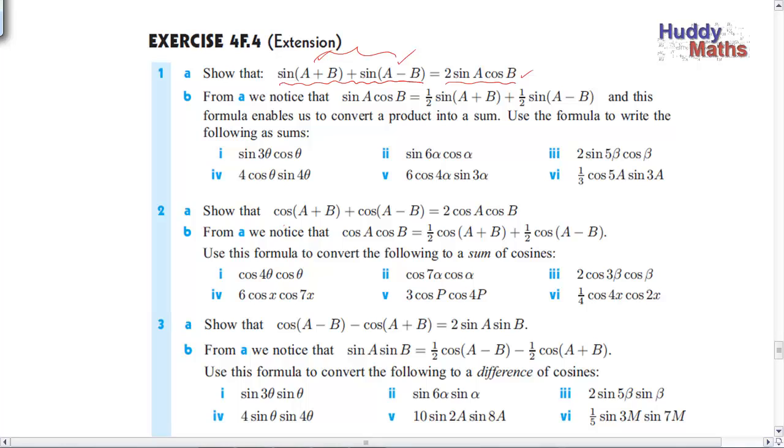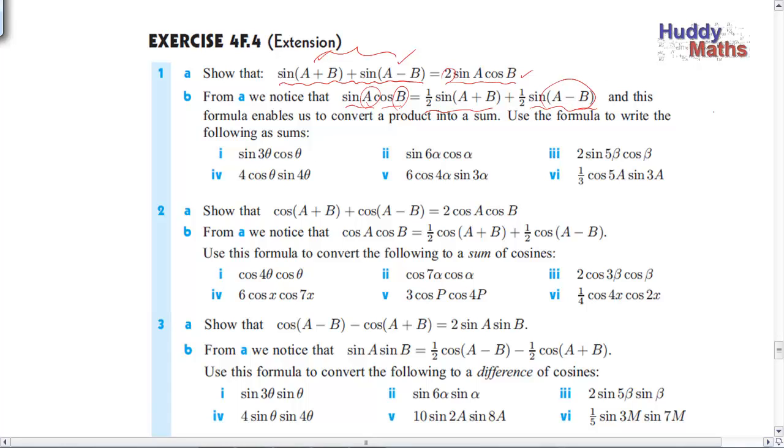And what you can notice is that 2 times the product is the sine of the sum plus the sine of the difference. So if you've got a product sine A cos B, when we've established this, you can say that as a sum it is half the sine of the sum of the two angles plus half the sine of the difference.